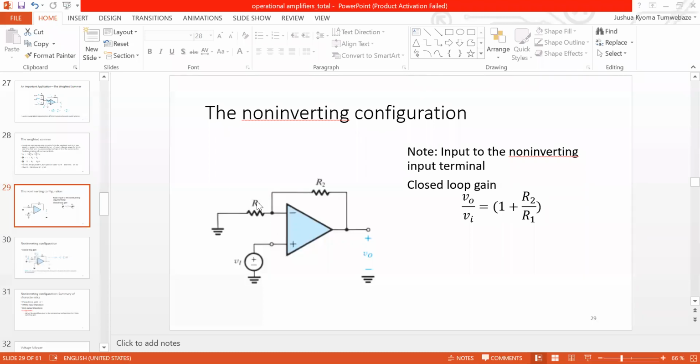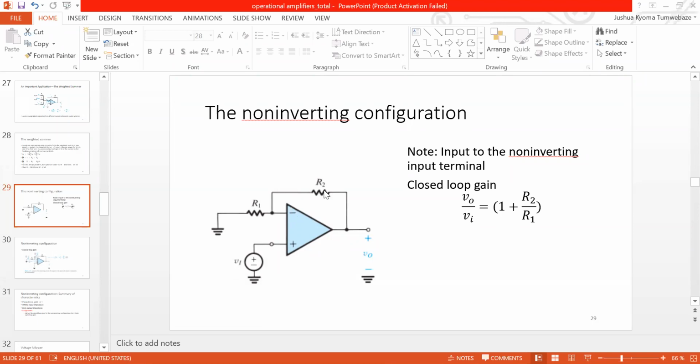We still have resistors R1 and R2. R1 this time is connected between the inverting input terminal and signal ground. In other words, one of its terminals is grounded while the other is connected to the inverting input terminal.